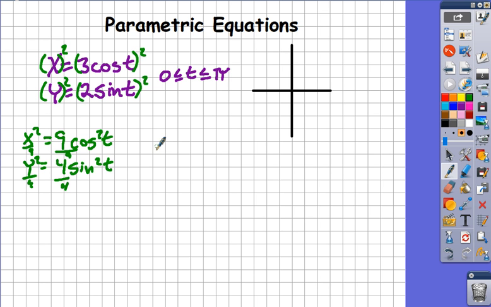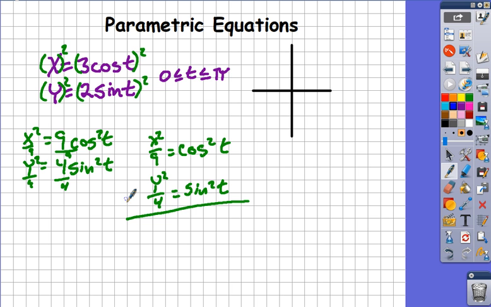What that gives us is x squared over 9 equals cosine squared of t, and y squared over 4 equals the sine squared of t. If we add those two together, remember we've got two things that are equal, so we can add the left sides and add the right sides.